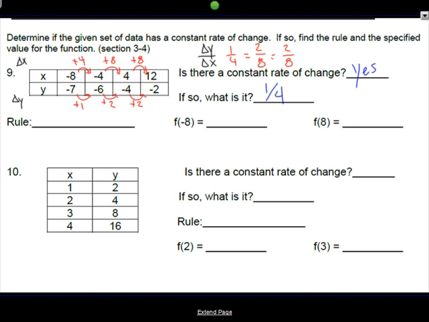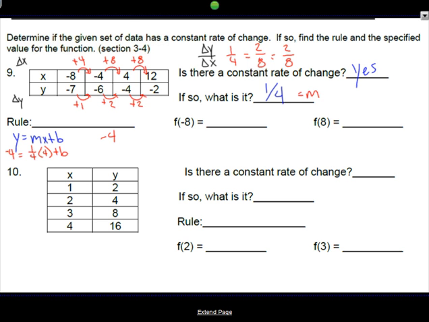I now need to write my rule. Remember, my rule is in the form of y equals mx plus b. M is this number right here. This is my m. So I'm going to go back and pick a point. I'm going to use the 4 and negative 4. So I'm going to say negative 4 is equal to 1/4 times 4 plus b.